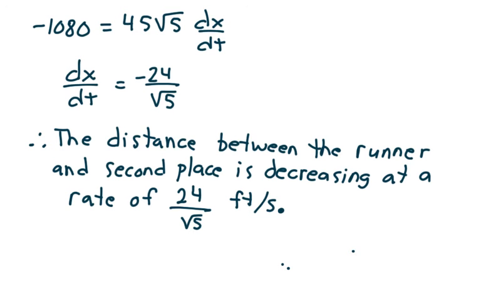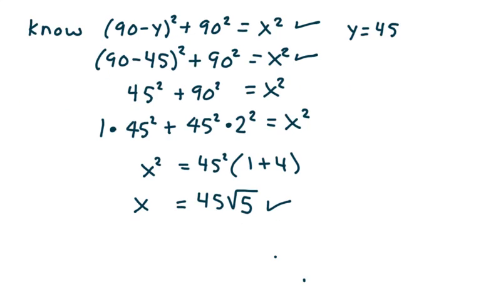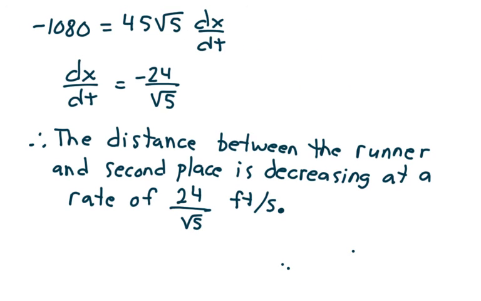And so here's what we have. If we go back, this whole thing ends up being negative 1,080 when you multiply it out. Okay? And so we get negative 1,080 is equal to 45 root 5 times dx/dt. If I solve for dx/dt, I get negative 24 over root 5.